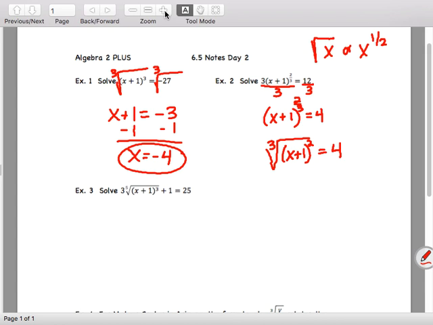Now, I'm going to tie this into example 1. I want to undo a cube root. How do I undo a cube root? Cube it. So what I do to the left side, I do to the right side. That's going to undo the cube root, but it's going to leave me with (x plus 1) squared. If you have your pink paper, 4 cubed is 64.